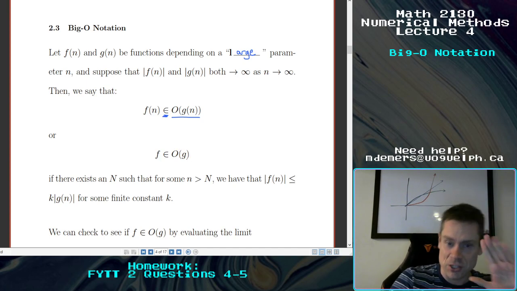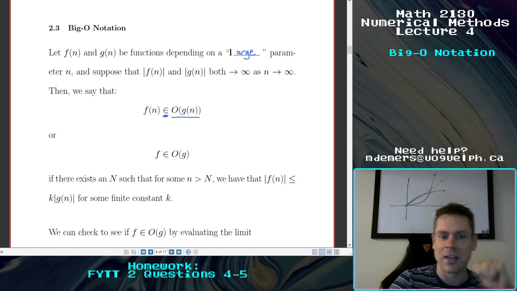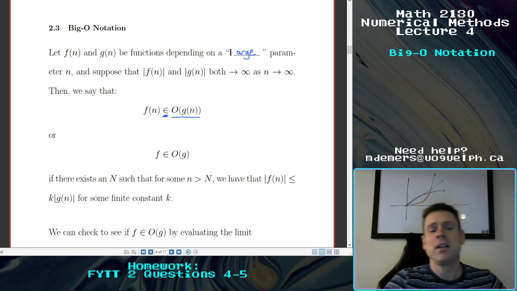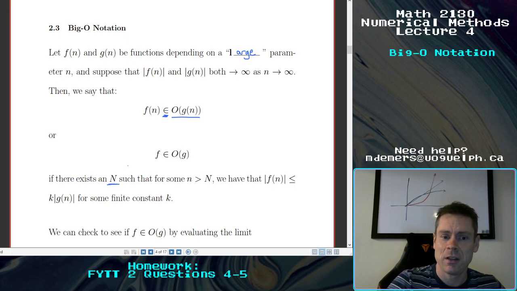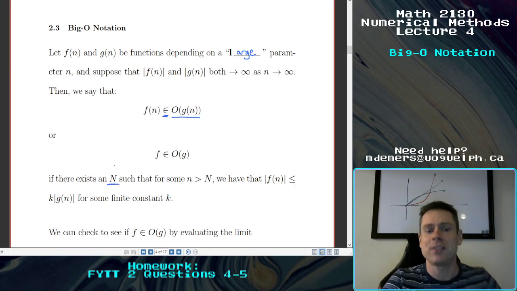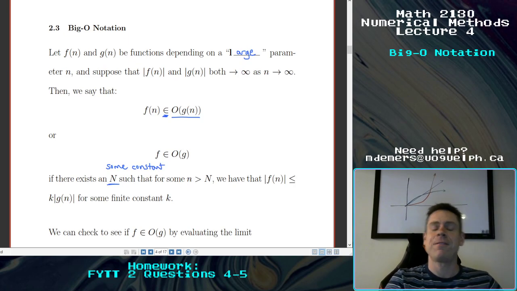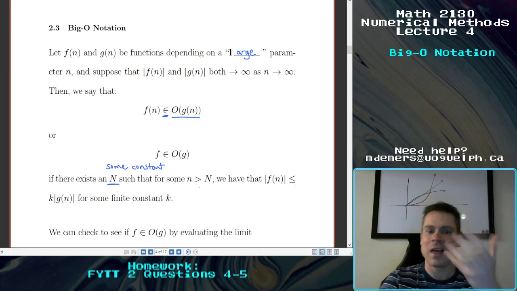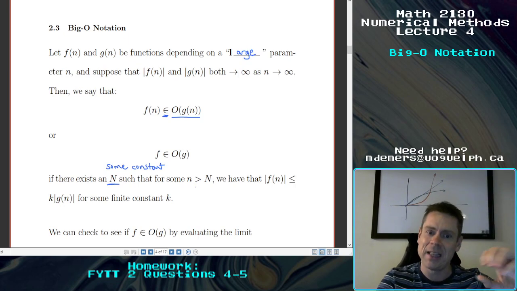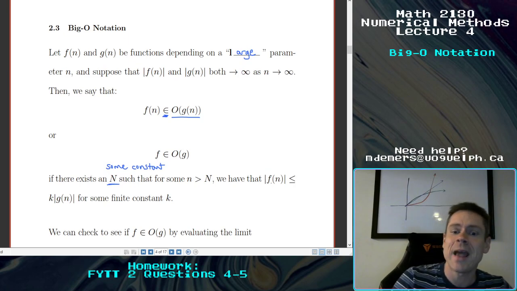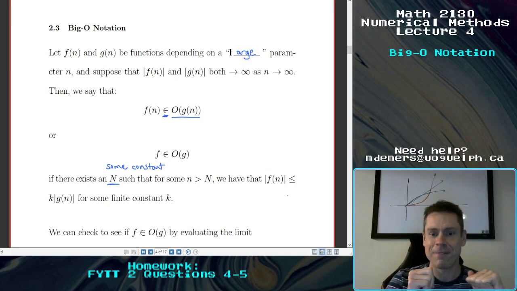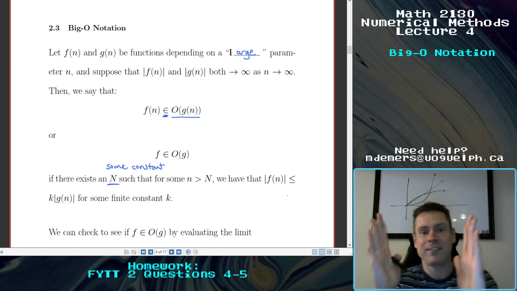And here's what the definition is, and we'll get through it and then we'll parse it together in a second. This is true if there exists some capital N, some positive constant. So think of big N as some constant, and if the little n is bigger than the big N, think of it like a threshold. If little n is bigger than that threshold, we have that the size of f is less than or equal to the size of g.